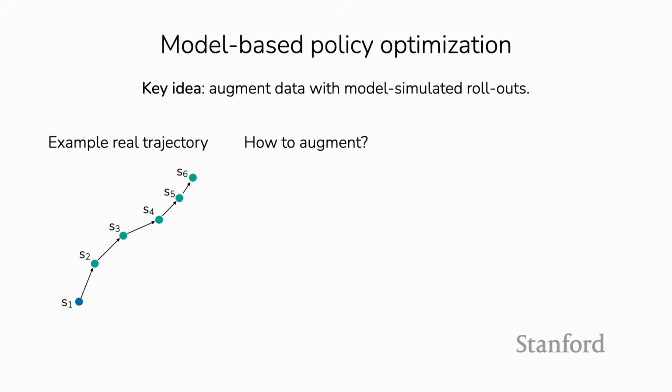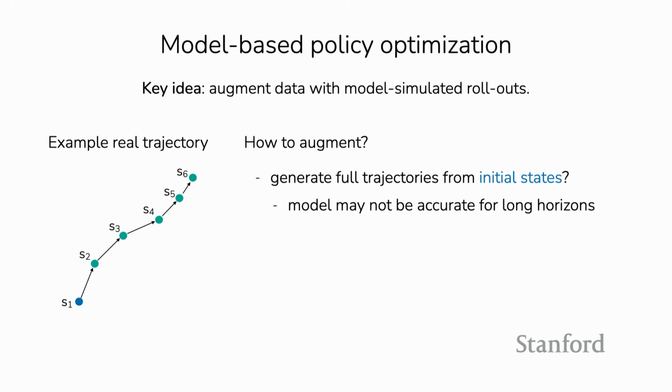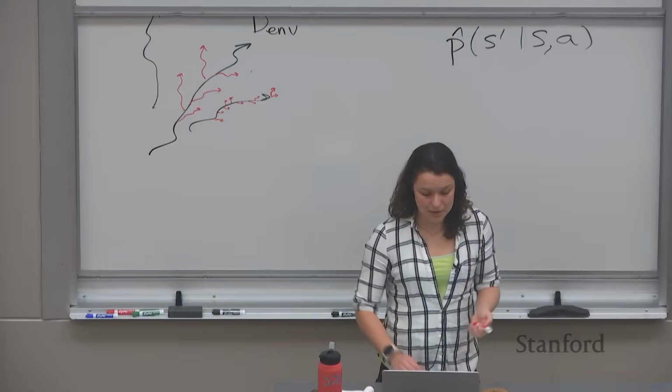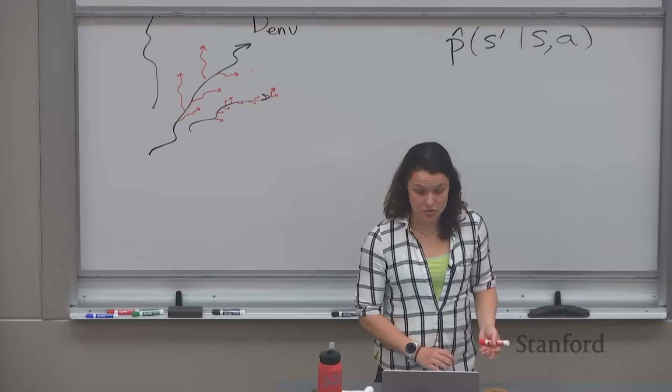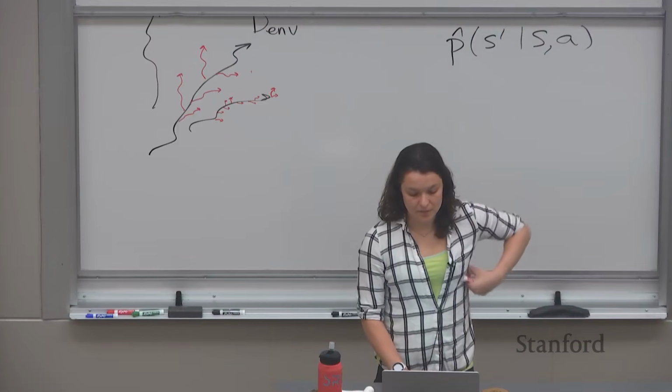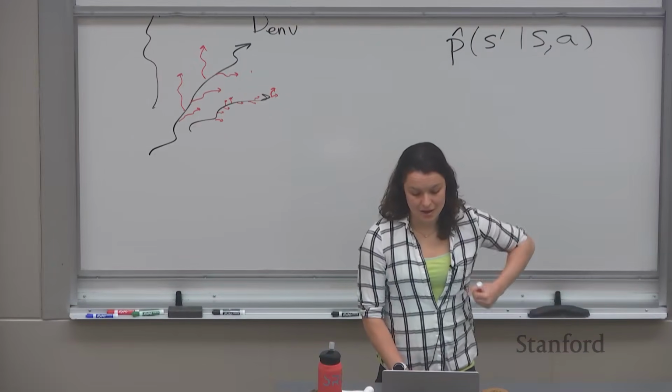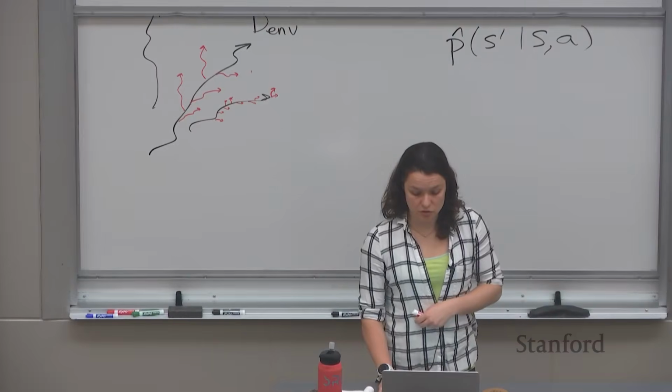One simple thing you could do is just start from initial states and generate full trajectories as if it were the real environment. But the downside there is that the model may not be accurate for long horizons. And so you won't be able to get very good state coverage if you only start at the initial state distribution, because you only want to use fairly short rollouts.